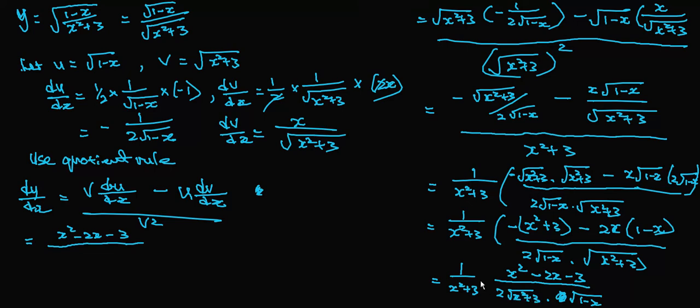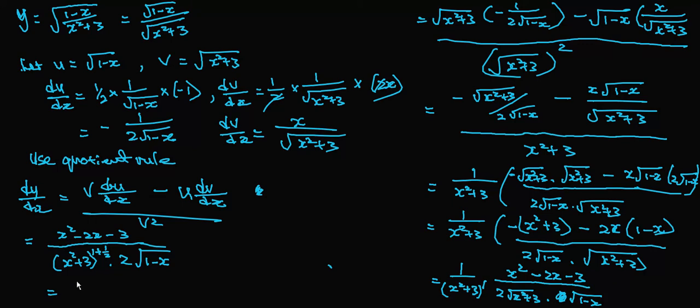Using the law of indices, this square root is actually power half. So if I multiply, you add the power. So x squared plus 3 to the power 1 plus half, then you got 2, then you got square root of 1 minus x.